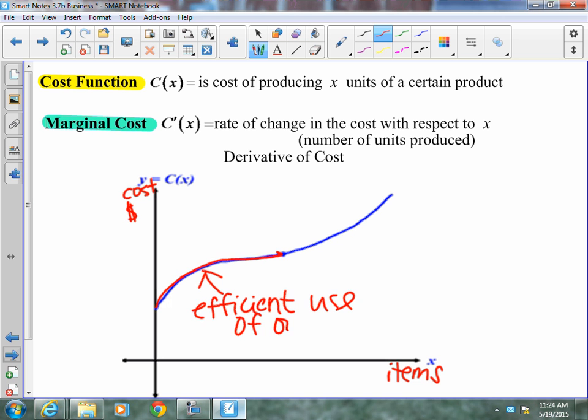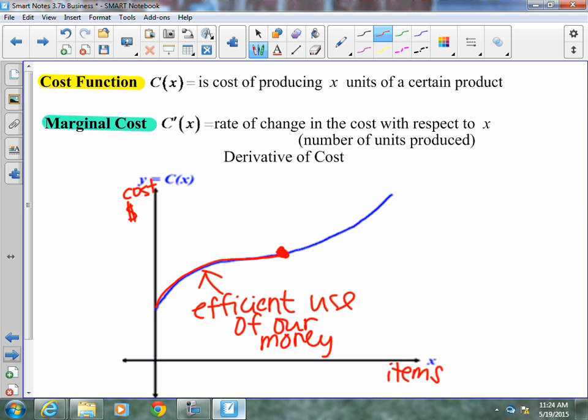As you notice, until this point here, as you make more items, the cost increases slower. So that means it costs less and less to make more items. Not that the cost goes down, but the cost of the first item is more than the cost of each item if you make 100 items.